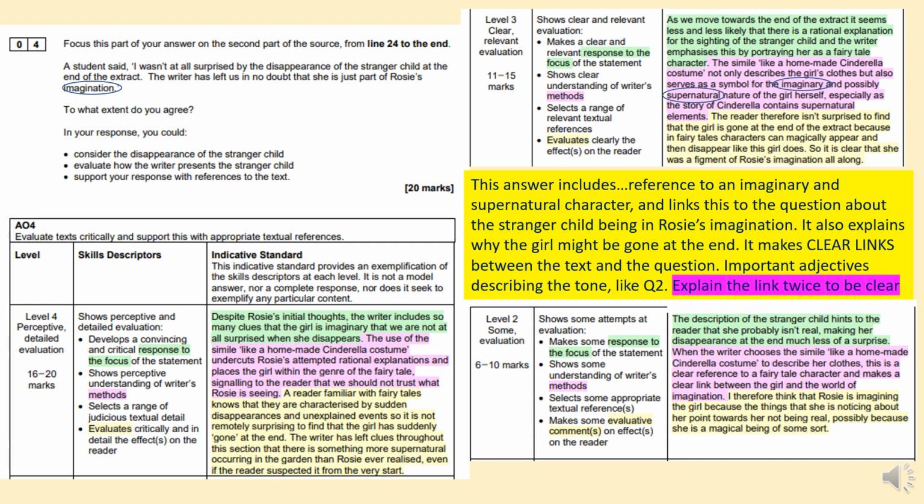In level 4, the person who's answered the question would be using even more vocabulary, such as unexplained and other words. And in level 2, which is not a pass grade answer, there would be fewer explanatory words like supernatural and imaginary used, which is why they have not passed.